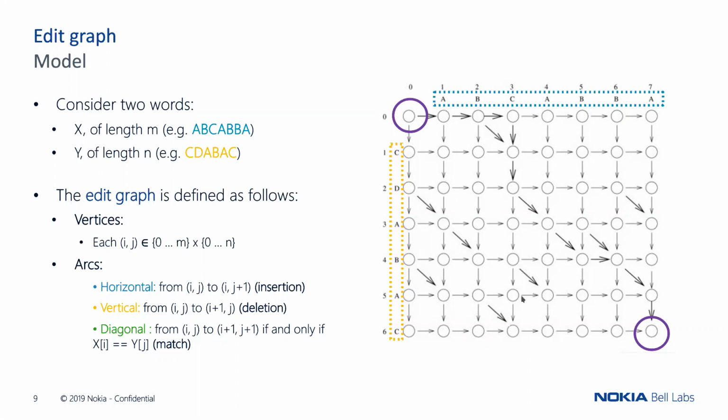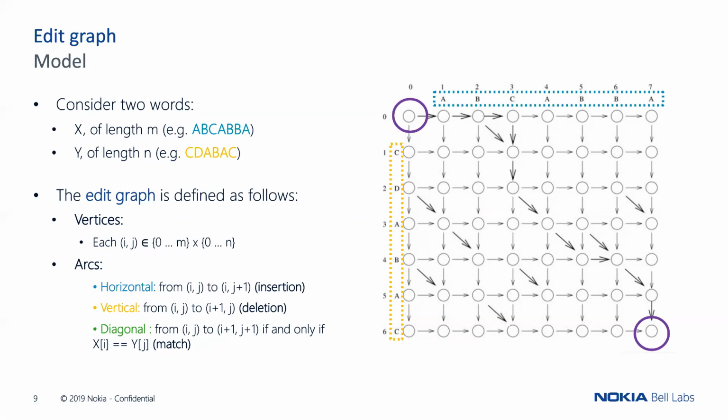The answer is written at the bottom of the slide. I have three kinds of arcs: the horizontal ones, the vertical ones, and the diagonal ones. The horizontal one connects a vertex (i, j) to (i, j+1) if I require an insertion operation. This is always possible.